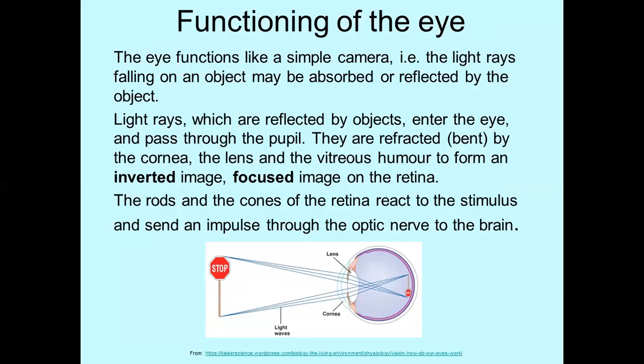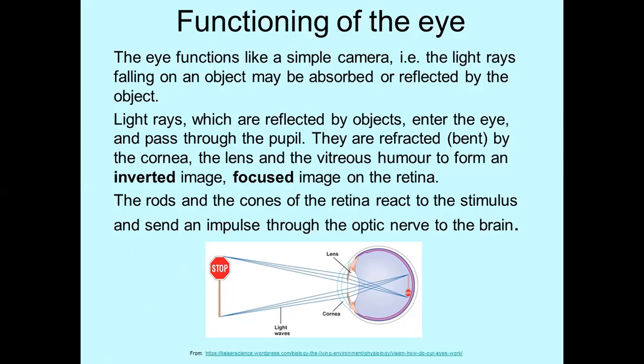Remember that it's important that you know that light rays, white light, is in fact made up of rays of different wavelengths that altogether appear to be white, but if you pass those light rays through a prism, then they become refracted and they will form a spectrum of color, and that's the rainbow of color rays that you know about. The red, orange, yellow, green, blue, indigo, and violet light colors.